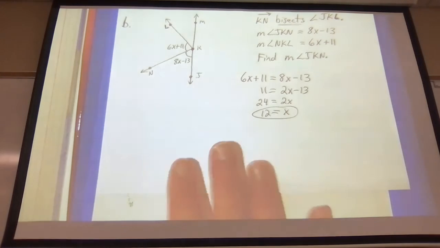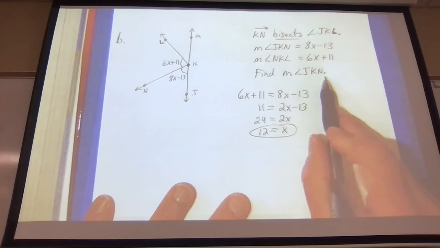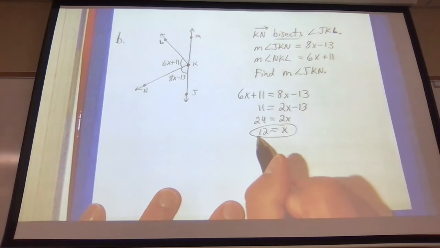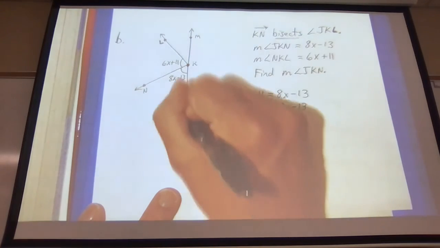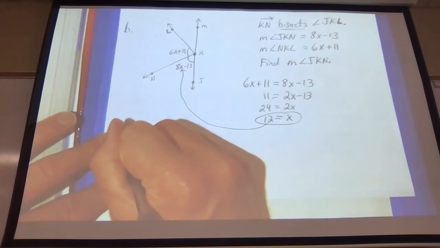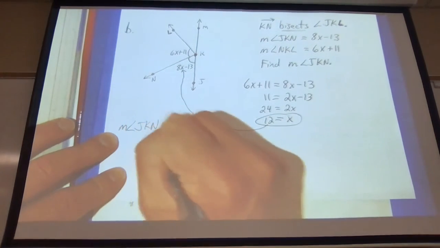No, we found x. What do they want us to find? They want the measure of angle JKN. So I have to take this 12 and I have to put it back into JKN. Well, if I go up here to my picture, JKN is 8x minus 13. I'm going to put that 12 in there. And then I can find the measure of angle JKN.